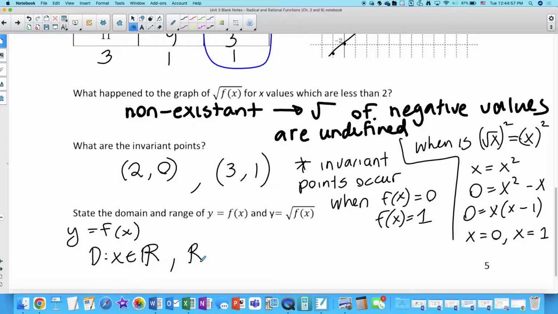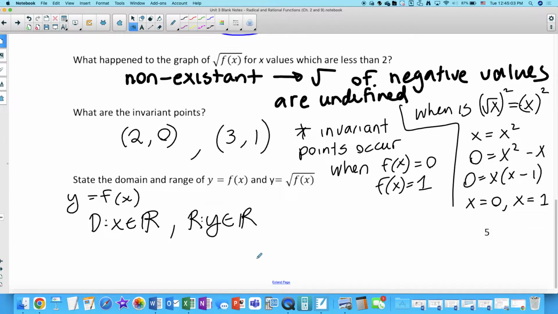Same thing. Yeah. Y is an element of the real. Okay. What about the square root? What's the domain of that? Yeah, x has to be greater than or equal to 2.